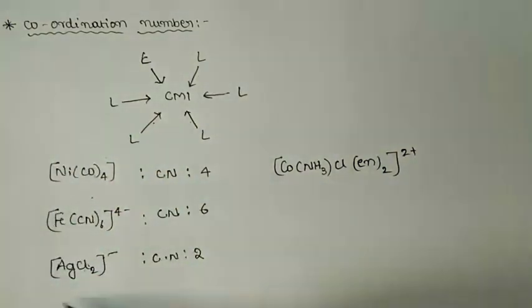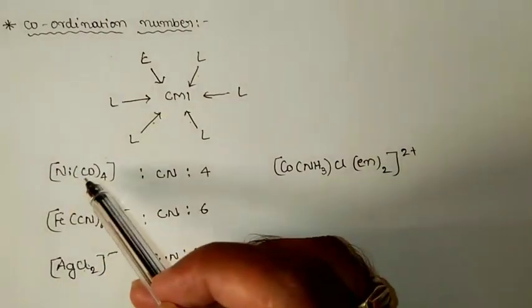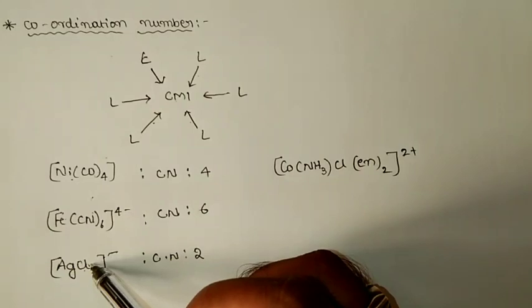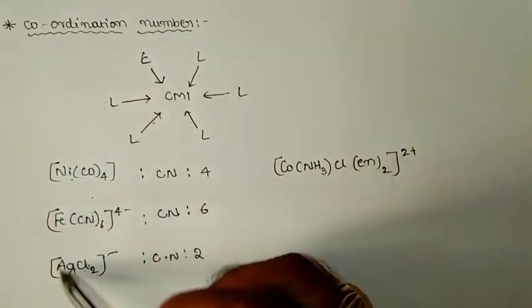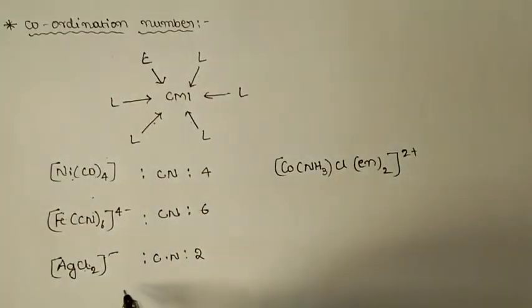That means they are homoleptic. So homoleptic in the sense, if the central metal ion is bonded with only one type of ligand, then such complex compounds are called homoleptic complexes.